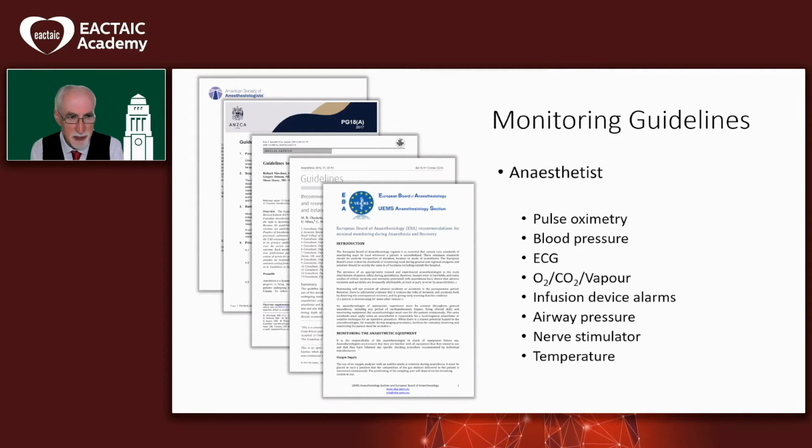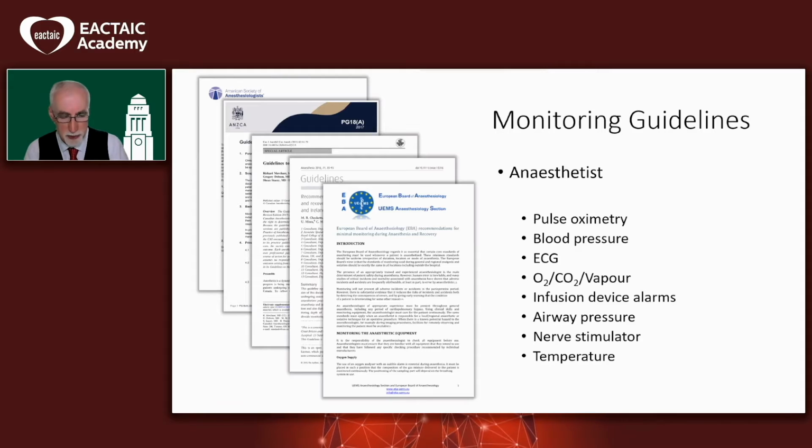This has been covered in numerous guidelines, and perhaps unsurprisingly, most of those guidelines say pretty much the same thing about what core anaesthetic monitoring should look like.